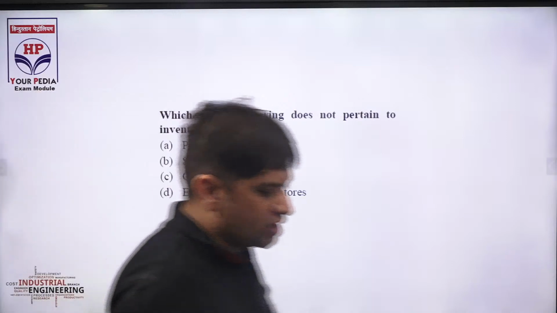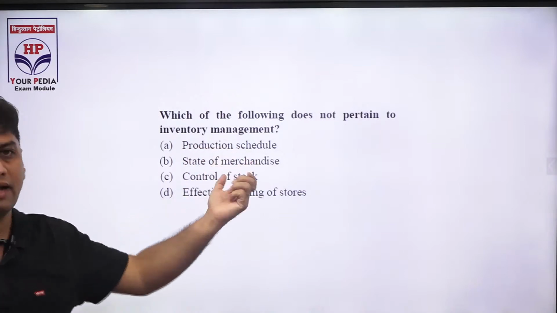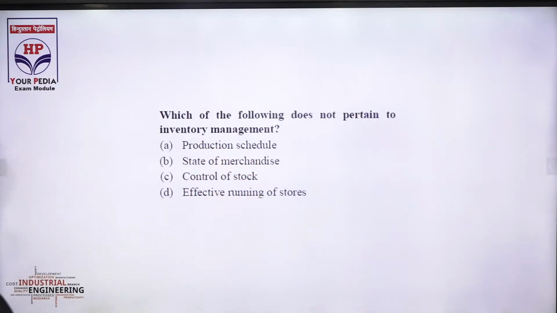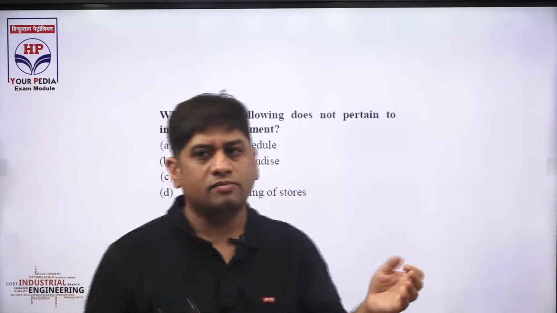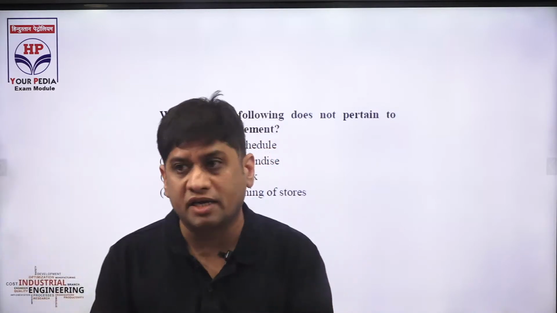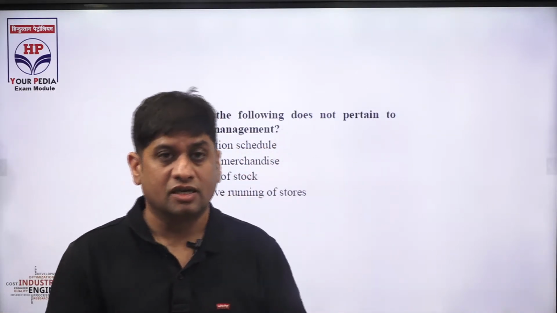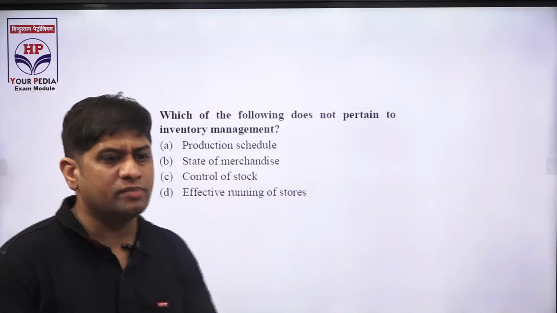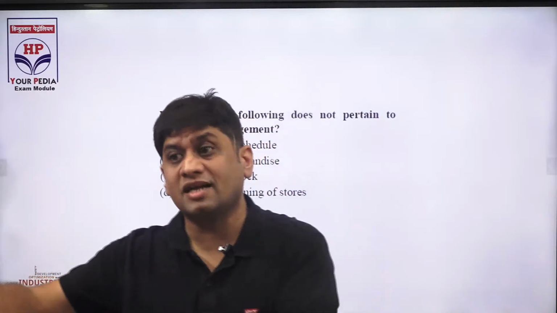So A, production schedule planning, is not related to inventory. That is production planning and control. State of merchandise means what input you are taking, what product you are purchasing, and what is the state of that product. That is related to inventory. Inventory means keeping the stock of something, that is merchandise.